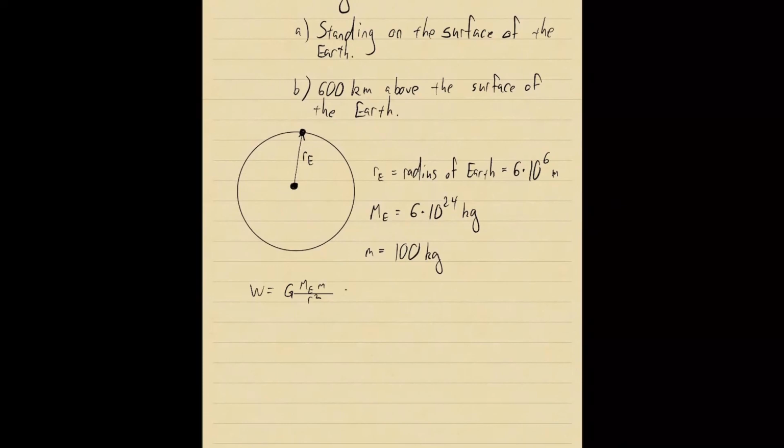And if we plug some stuff in, we get G, which is 6.7 times 10 to the negative 11 newtons times meters squared per kilogram squared, times the mass of the Earth, which is 6 times 10 to the 24 kilograms, times the mass of the person, which is 100 kilograms, dividing by the distance between them squared.